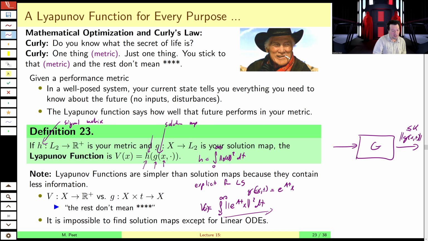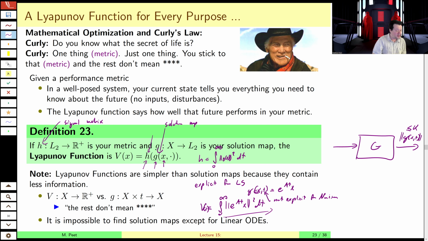In the nonlinear case, of course, we don't have an explicit expression for this. But we know the metric exists, and we know that a Lyapunov function exists, which establishes that property, that L2 norm gain on our system.